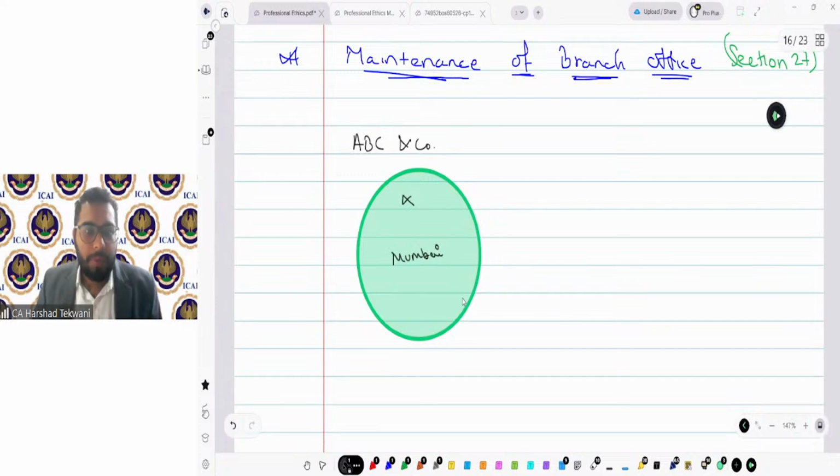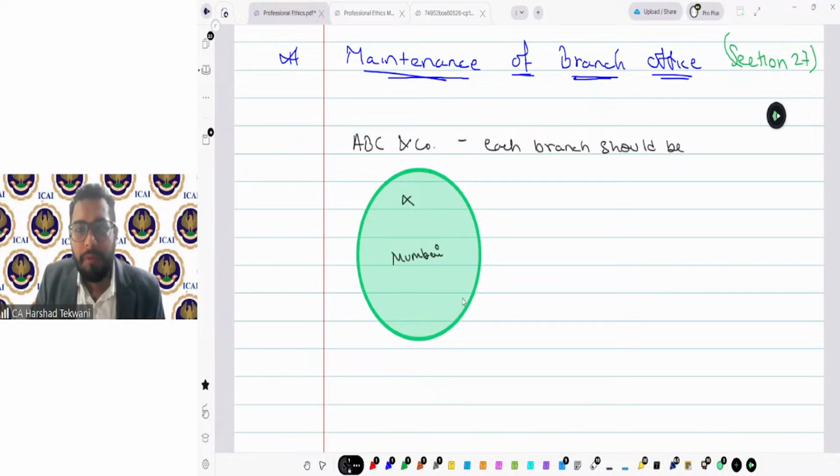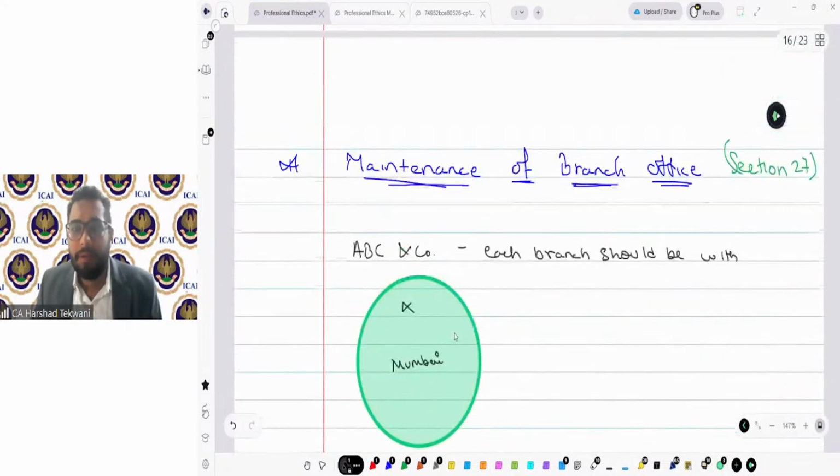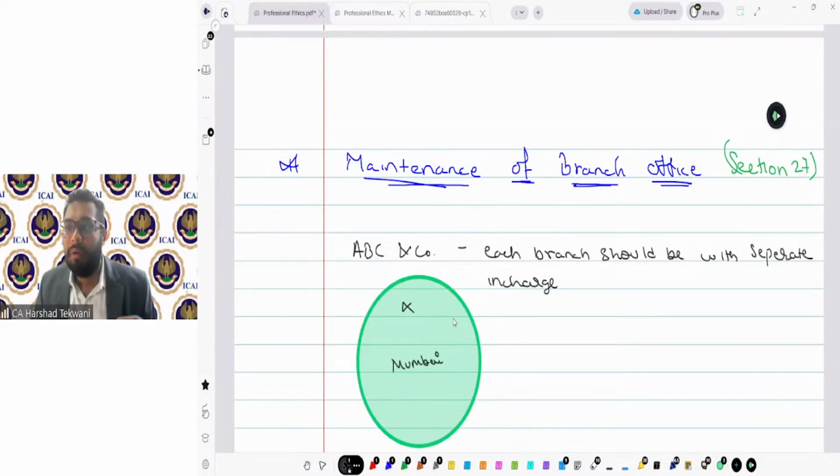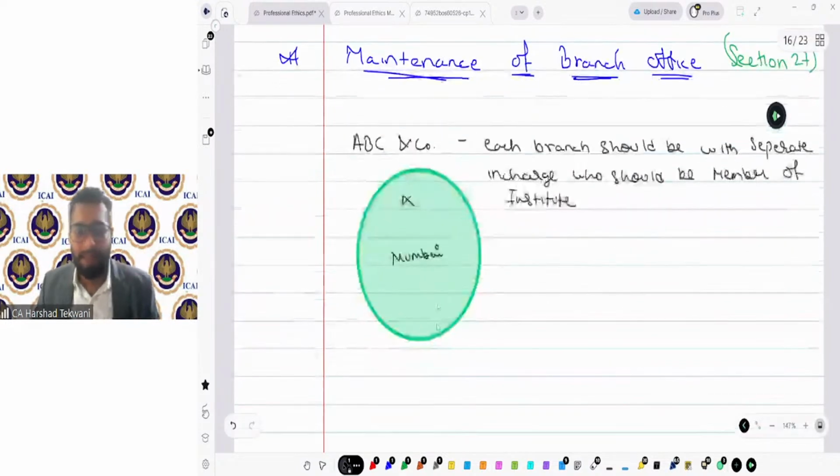So each branch should be with a separate in charge, who should be in charge of that particular branch, and that in charge should be a member of the institute. Okay, that is the one case.